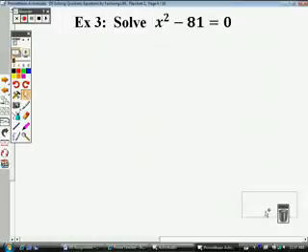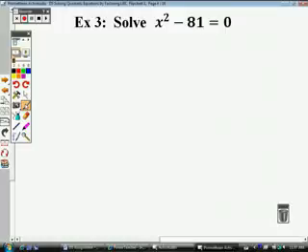In this box, we got something a little different. X squared minus 81. Oh, by the way, all the equations, before you solve them, they have to equal 0 or you can't solve it.